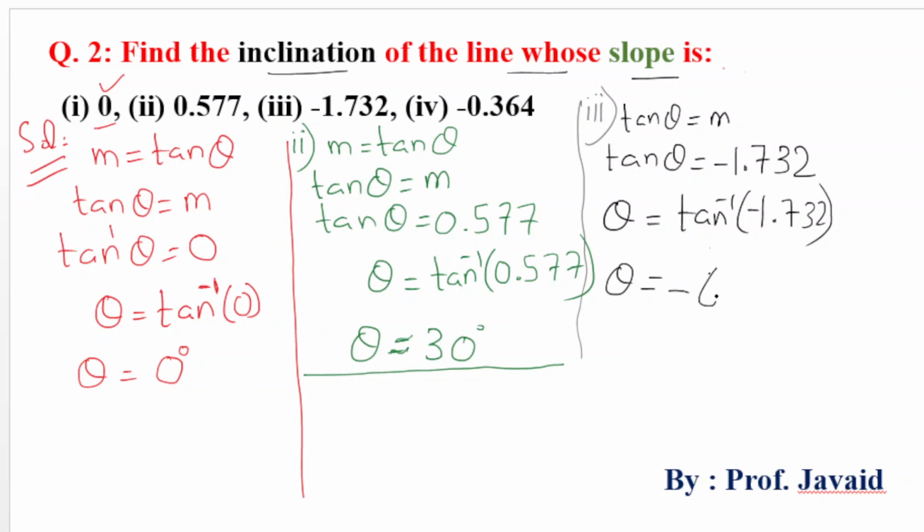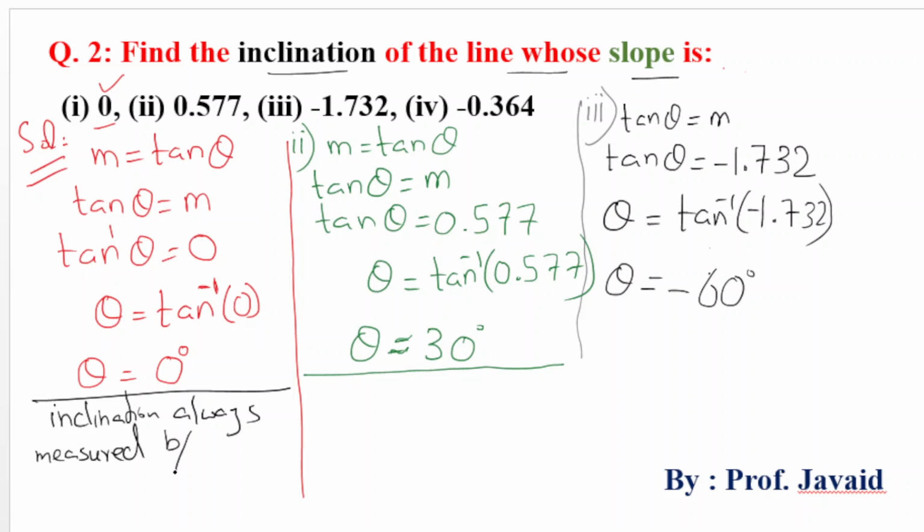So the theta will be negative 60. Tan is basically negative in the second quadrant and in the fourth quadrant. Okay, so theta is equal to negative 60. We know that inclination is always measured between 0 degree and 180 degree.